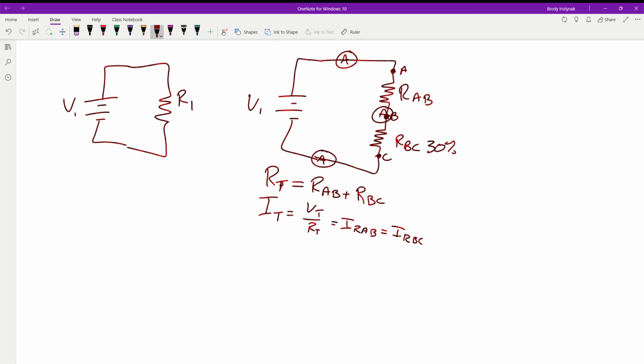We can find the individual voltage drops across these by simply using Ohm's law. So what's the formula for voltage? Current times resistance. So the voltage from A to B is equal to the current total times the resistance from A to B.